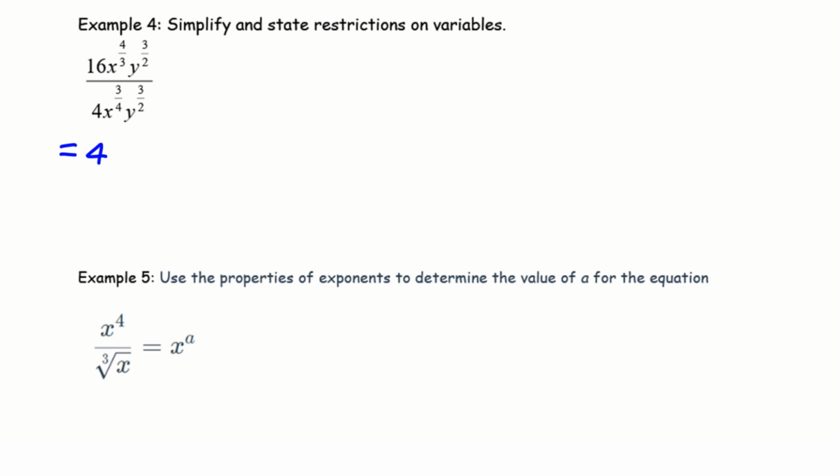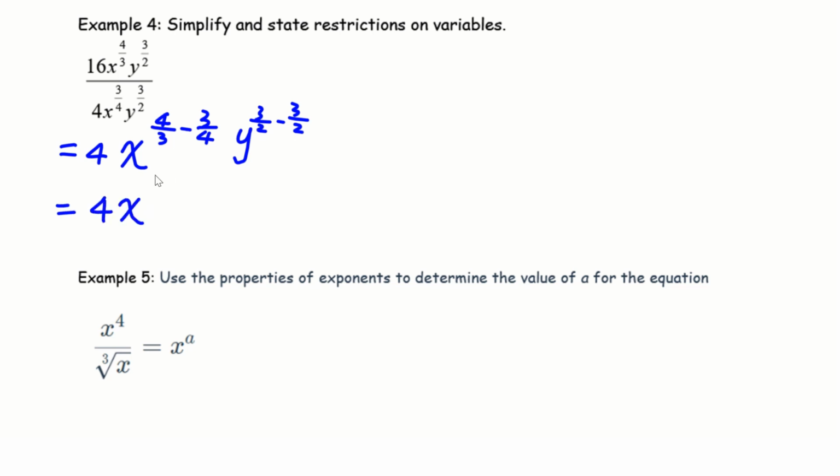Then x division, the exponent will be subtraction. So 4/3, take away 3/4. Then y to the exponent 3/2, take away 3/2, you see they are the same, you could just cancel them out, is 1. Or you could do the subtraction.